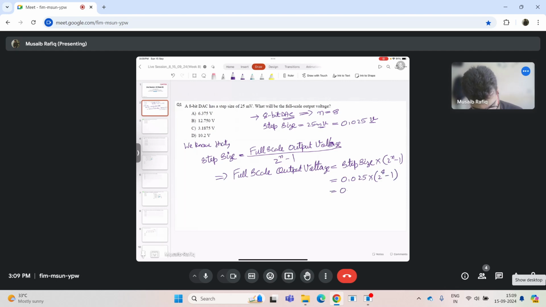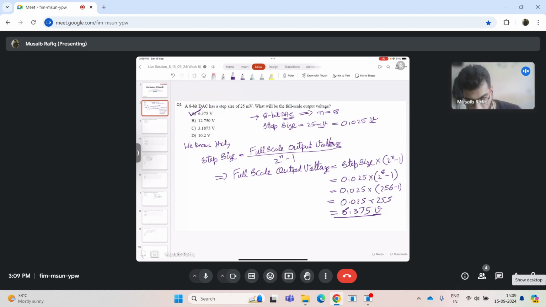So this will be 0.025 multiplied by 256 minus 1. It will be 0.025 multiplied by 255, and this, if I'm not wrong, is equal to 6.375, and the answer is in volts. So option A will be the correct answer.